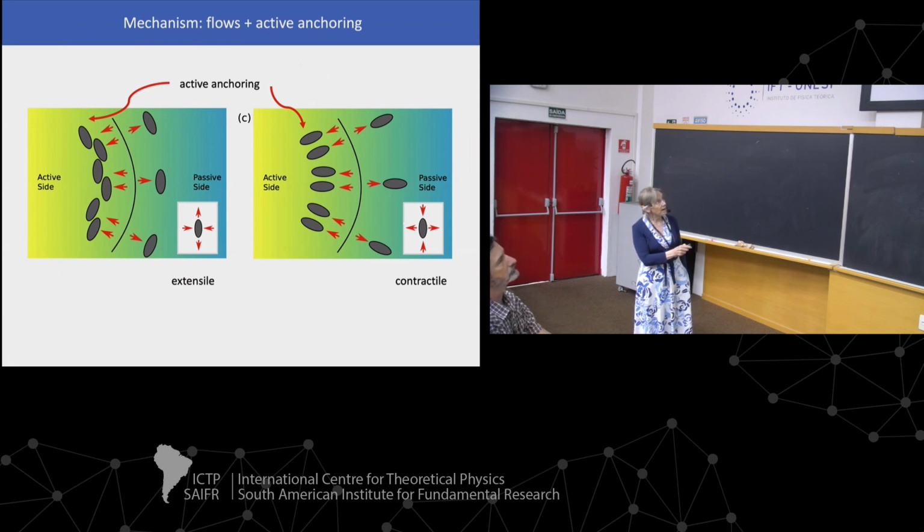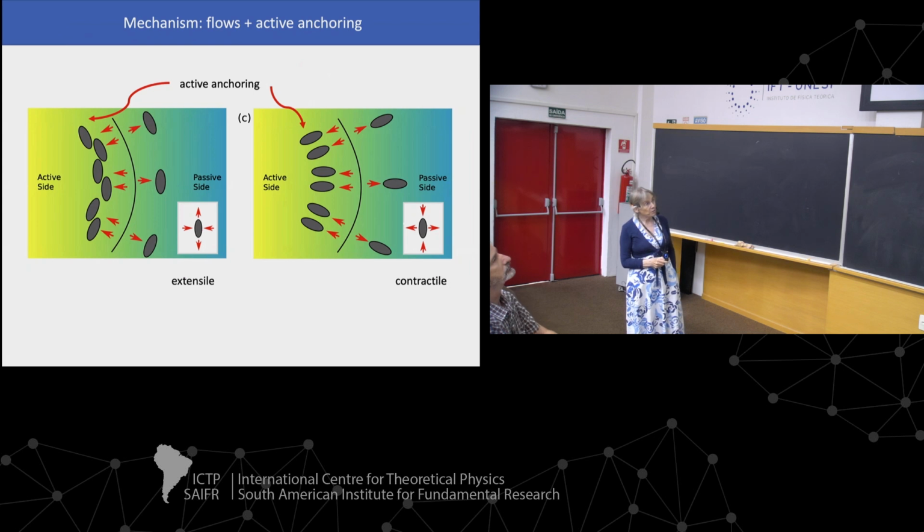So if you look at the red arrows, there's more flow going that way, and so if this becomes a bit active, you get this instability. It sets up flows going that way, and it becomes more active. And so it is this active anchoring which gives you this instability. And then once this side is more active, the free energy says, I don't like that, I'm trying to mix it up again. And so the free energy will tend to mix it up again.